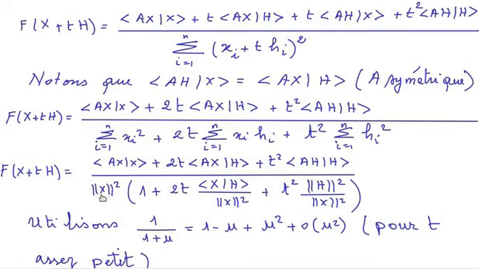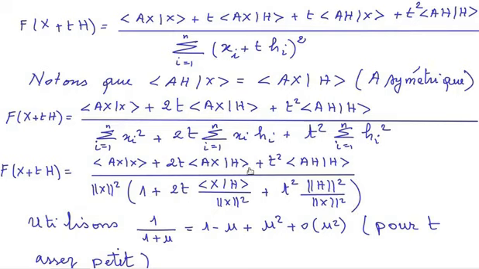The denominator becomes the norm of x squared times 1 plus t times this sum over the scalar product x dot h divided by the norm of x squared that we factored out, plus t squared, the norm of h squared divided by the norm of x squared.